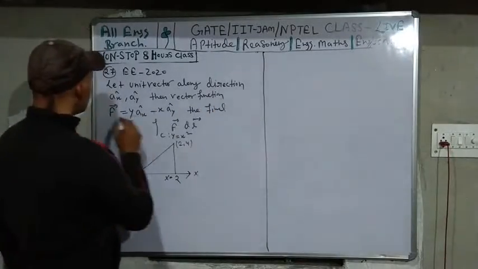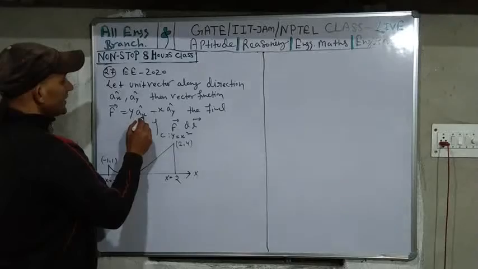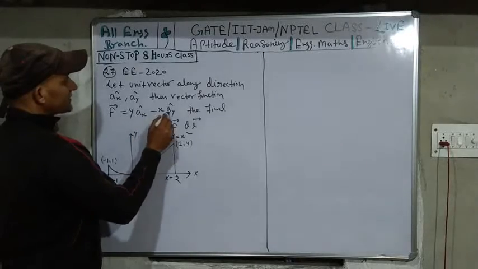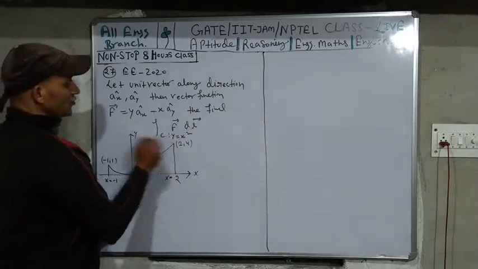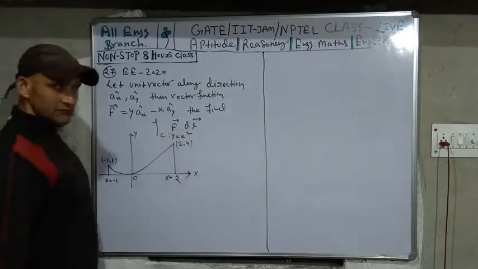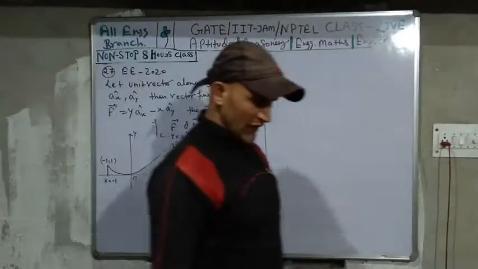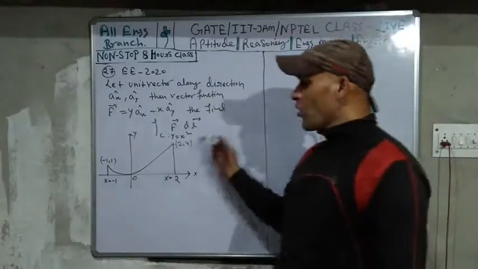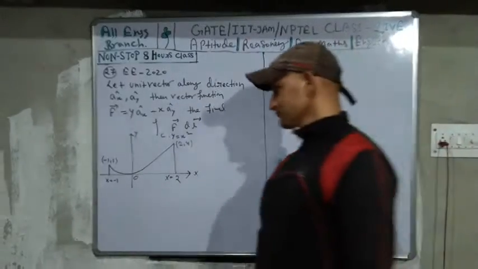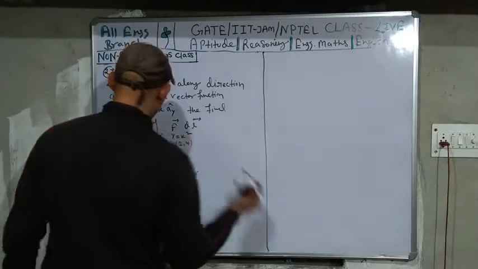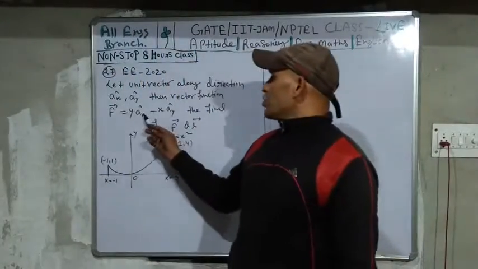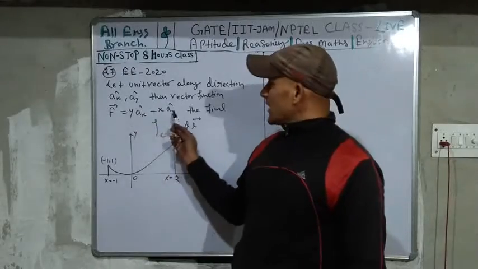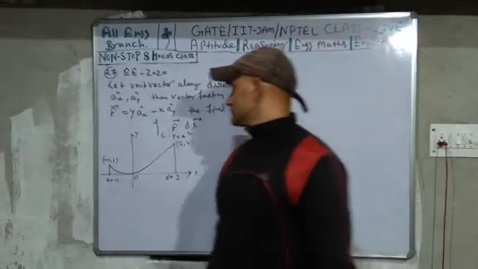Then the vector function f is equal to y ax minus x ay. Then find the integration over C, where y is equal to x square, of f dot dl. They have written it in such a form only to confuse. If you have any problem, you can replace ax with i and ay with j, no problem.